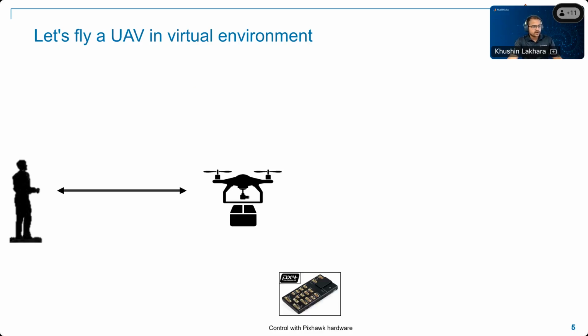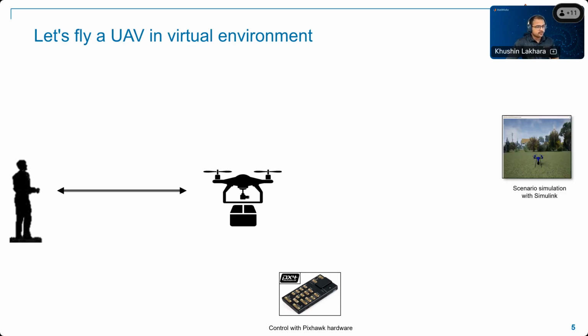So the first requirement is, if we want to have an easier flight, we use the Pixhawk-based flight control hardware, which makes the pilot's work easier. So consider your drone or your UAV or unmanned aerial system is equipped with this autopilot hardware.